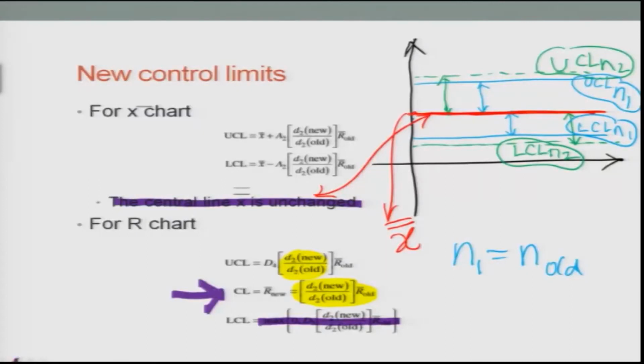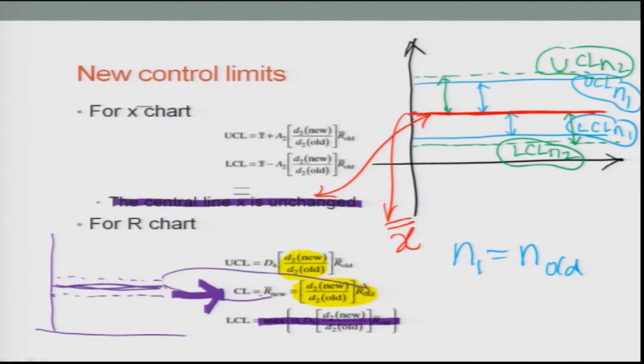So if I draw a diagram accordingly, this value, which was R new, would be different, either above or below R old. So this becomes R old, this becomes R new, and the upper control limit would be some value, for which I will use a different color.